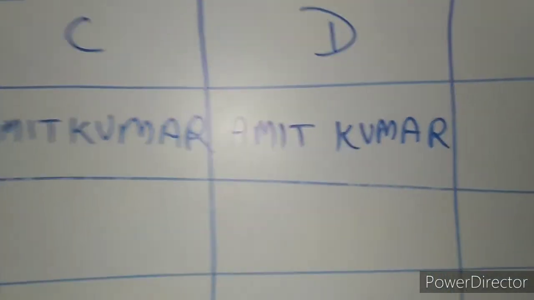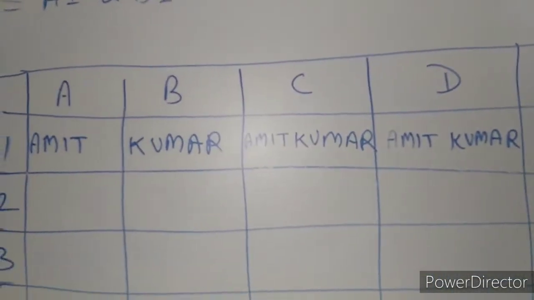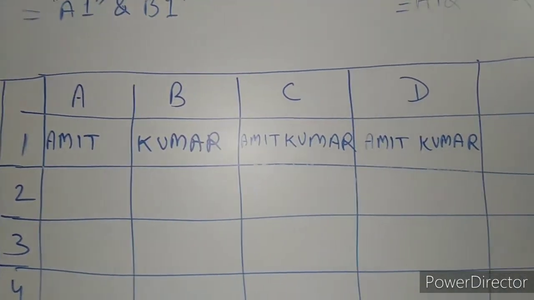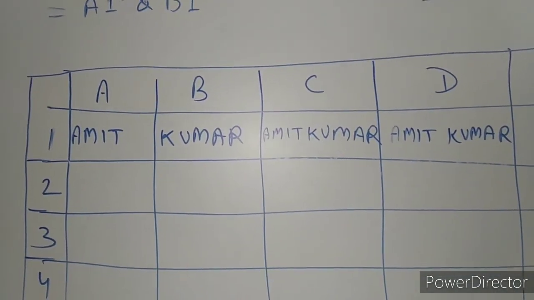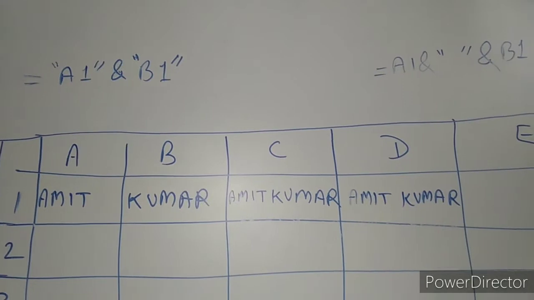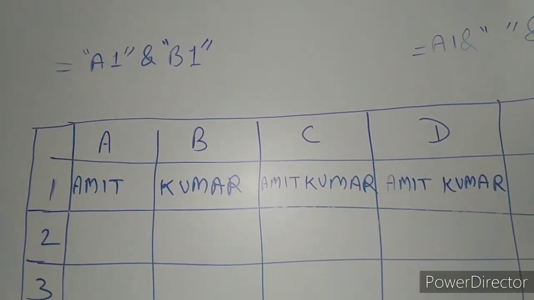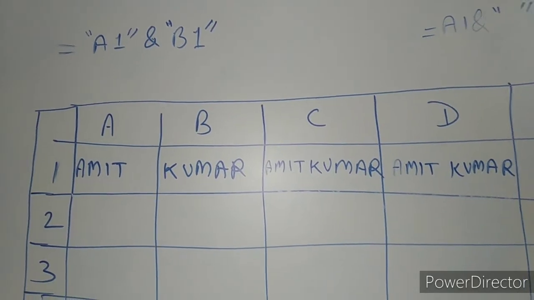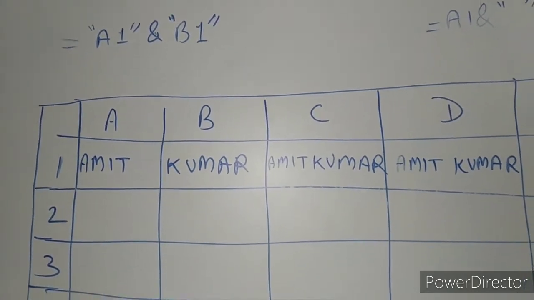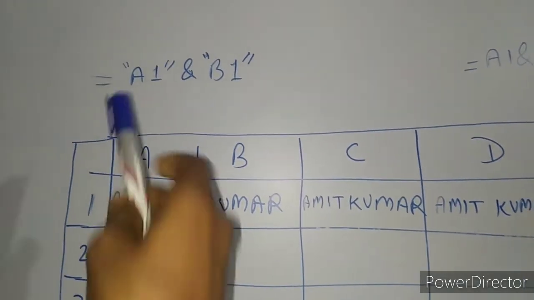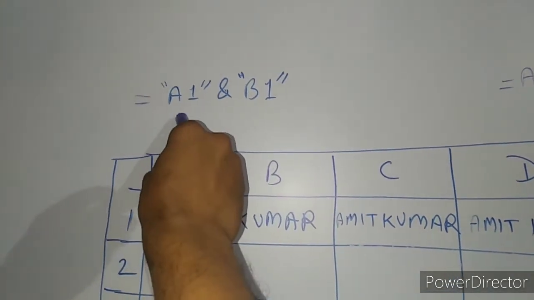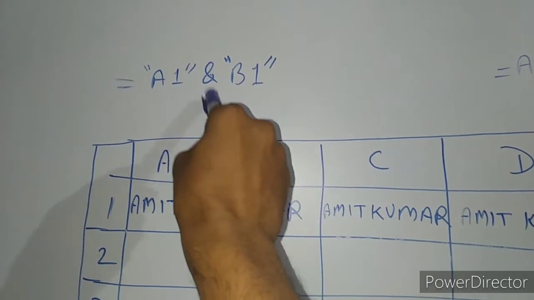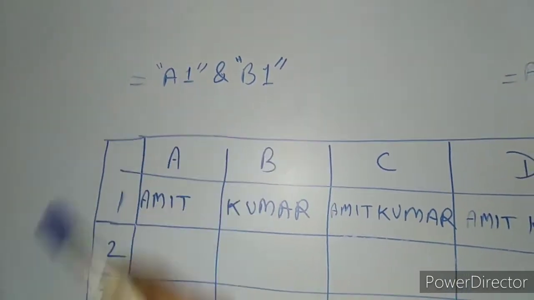It means we can use the concatenation operator in two forms. We can directly use the cell references A1 and B1, and between them the & operator has been used.